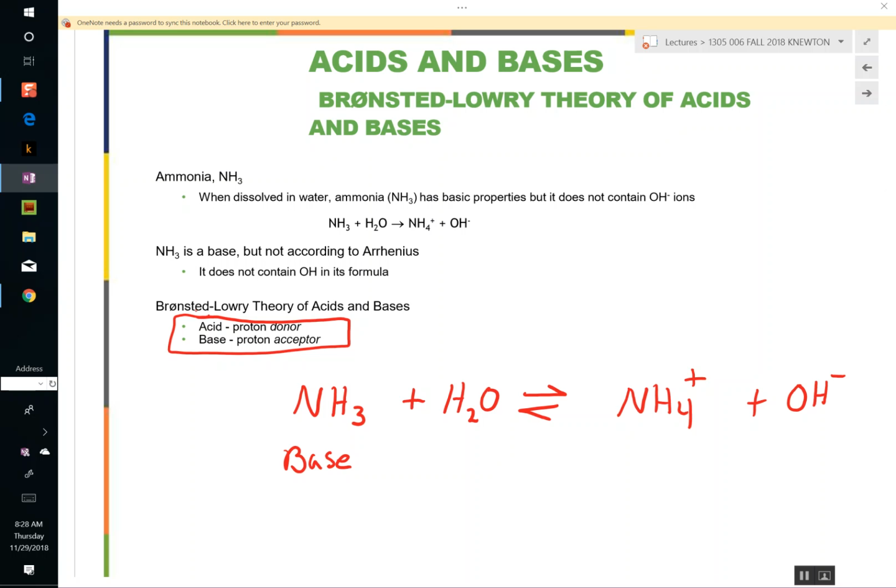Okay, so this is accepting a proton from water. So in this case, water is a Bronsted-Lowry acid. It's the proton donor. All right? And so this is a base. This is its conjugate acid.